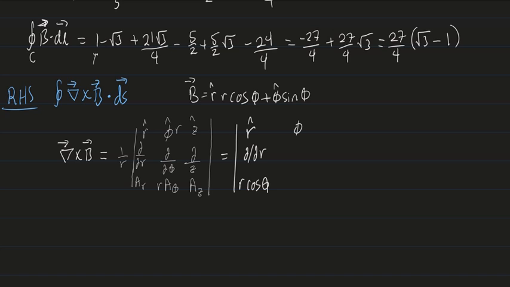Along phi hat, the component is simply sine phi, but I need to multiply this by r because I have r here in the formula. And then finally for the z hat direction, there's a partial over partial z, and Az is equal to 0.